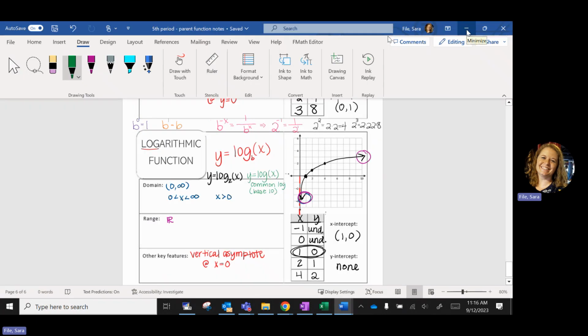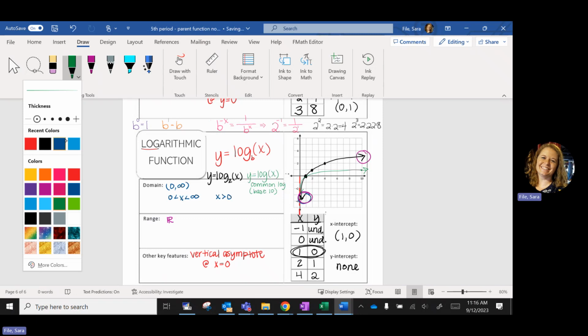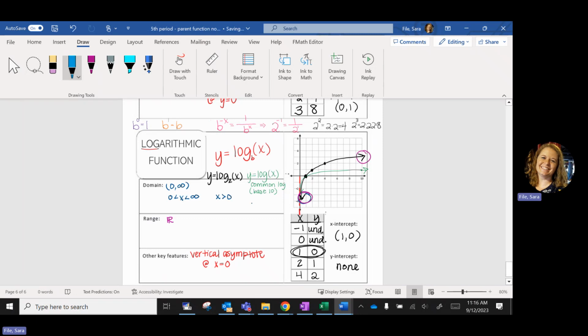So let me add that to this graph. So the base 10, the common log, it would have crossed way over here. So it would look like that. And then the natural log would just be ln of x.